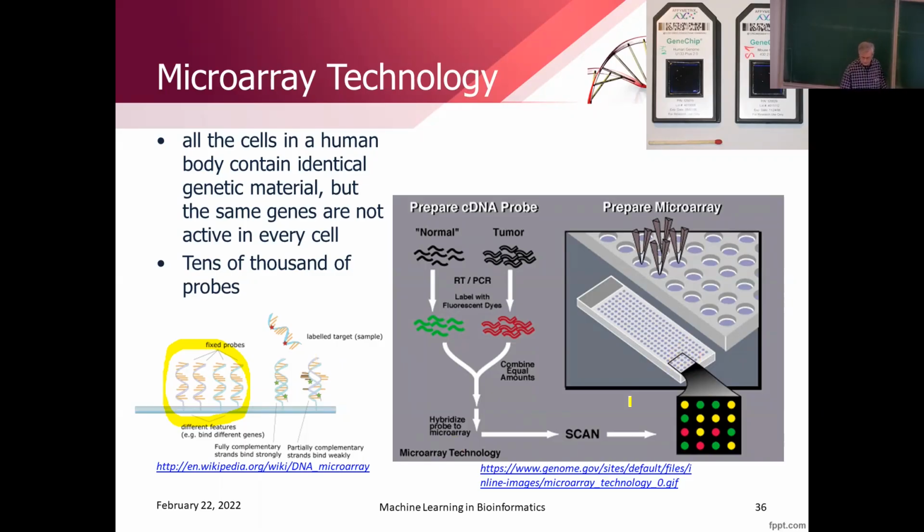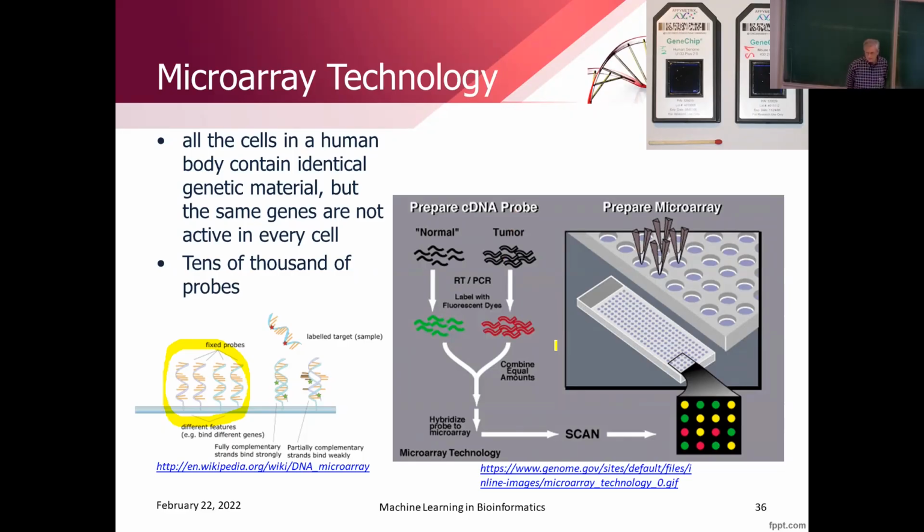On the right, on the big picture, we can see an experiment where we have two samples, normal and some sample from a tumor or possible tumor, and the DNA from the normal sample is marked by green fluorescent color and tumor by some magenta color.